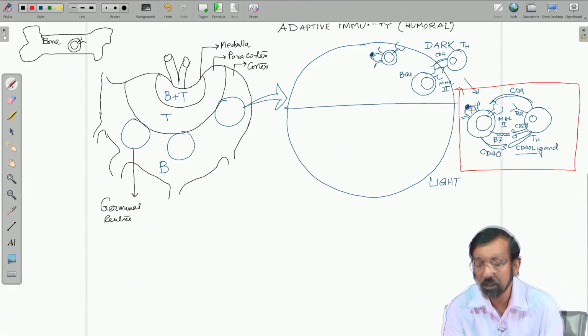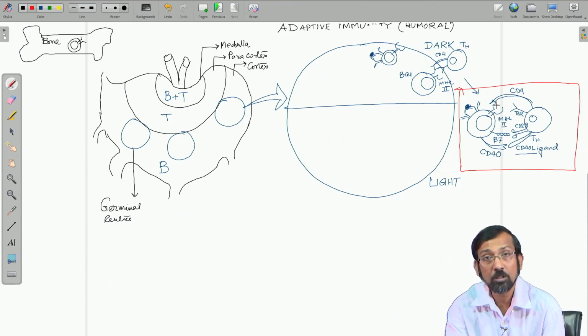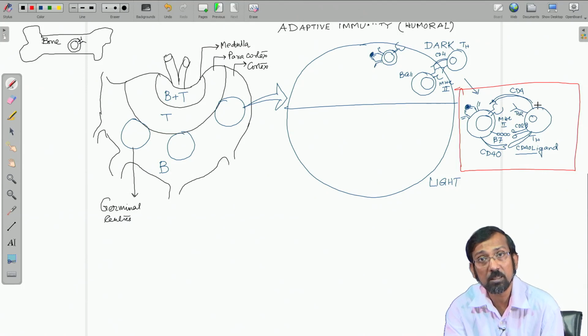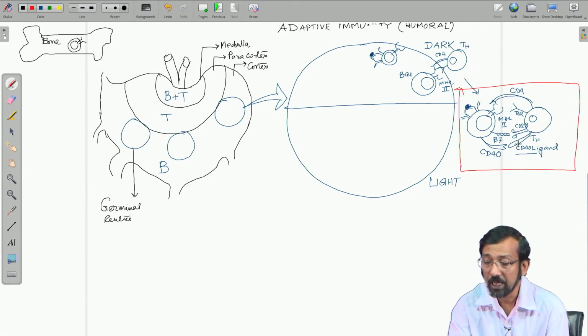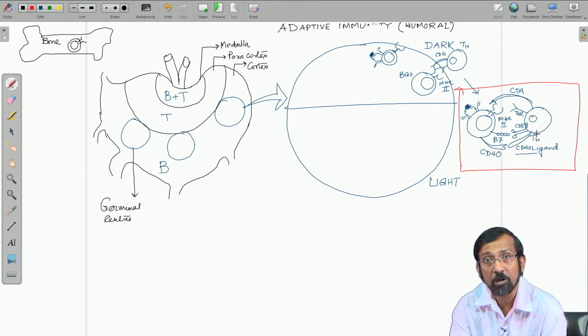You have the IgM binding to the antigen, MHC class 2 expressed on the surface of the B cell, leading to its interaction with the T cell via the T cell receptor and the CD4 co-receptor, along with CD28 to B7 interaction and CD40 to CD40 ligand interaction.